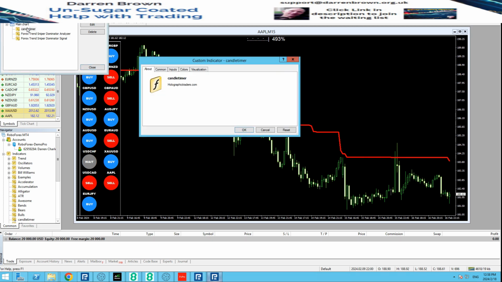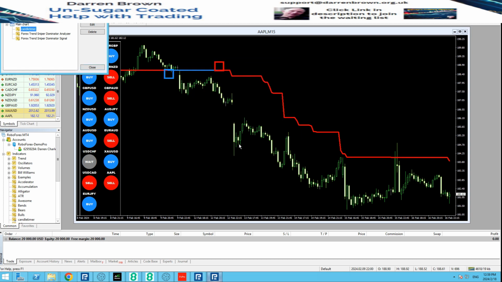And then you've got the candle timer, which is common. This is where you want to allow external inputs. I know we put that one as well. Input here, this is just going to show you, and all this is basically is this line really that you're watching. So it's just giving you an idea again of what you can do with this, and then hit OK, and then close.